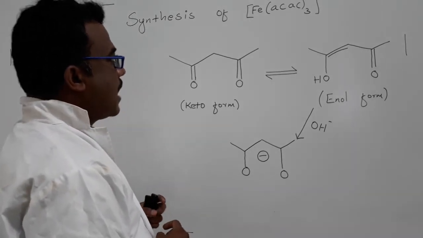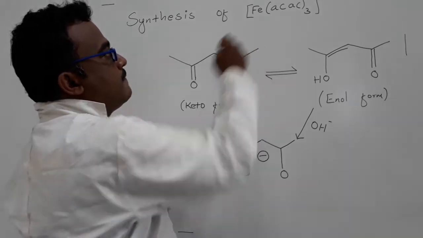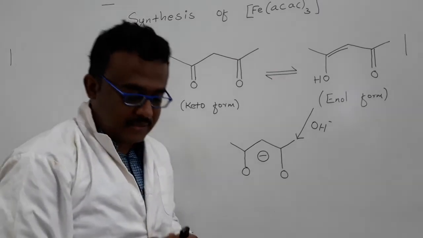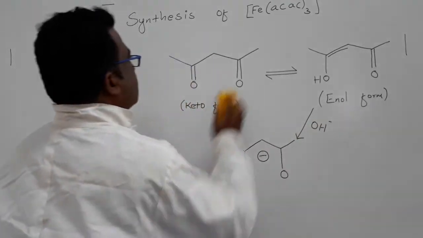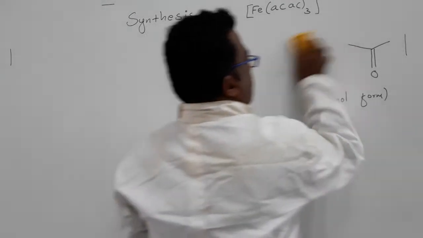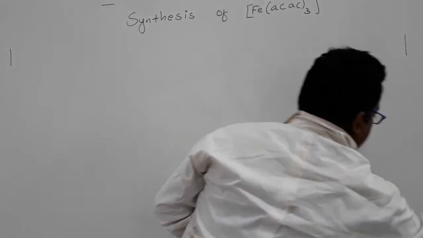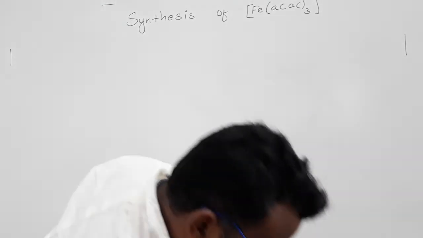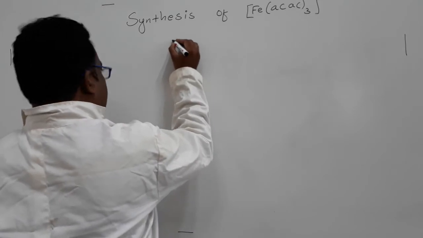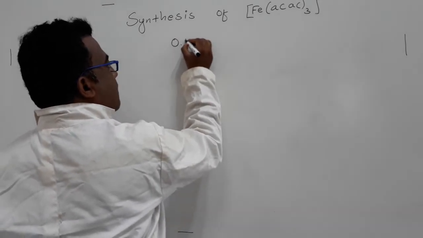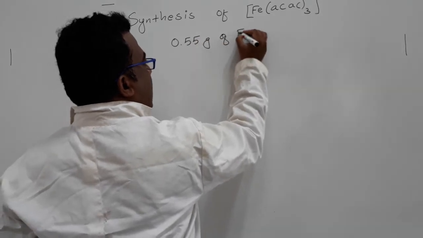Now I am going to give the shortcut synthetic procedure for the ferric acac complex. First of all, weigh 0.5 gram of ferric chloride.